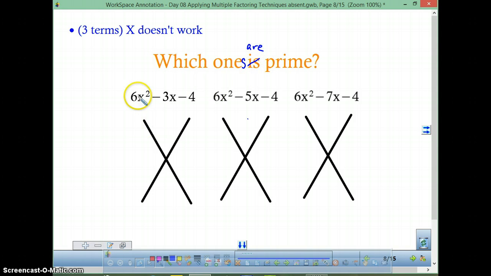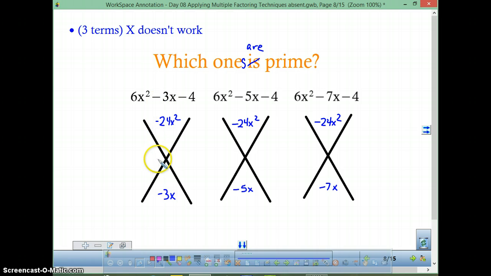Let's try it. Notice the same. The only differences are the middle terms here. So I'm going to put negative 24x squared as the top term in each of these. And in the bottom, I've got my negative 3x, my negative 5x, my negative 7x. Okay? Let's split.